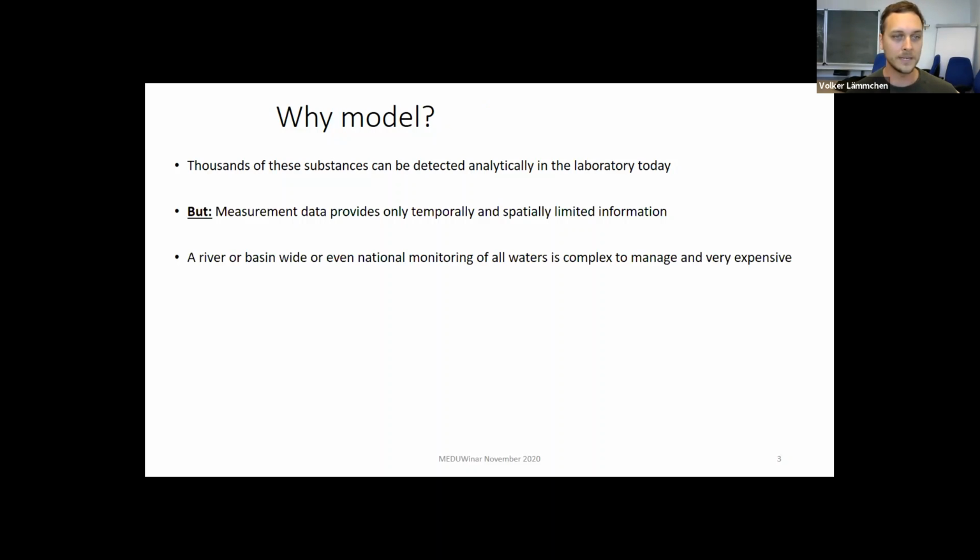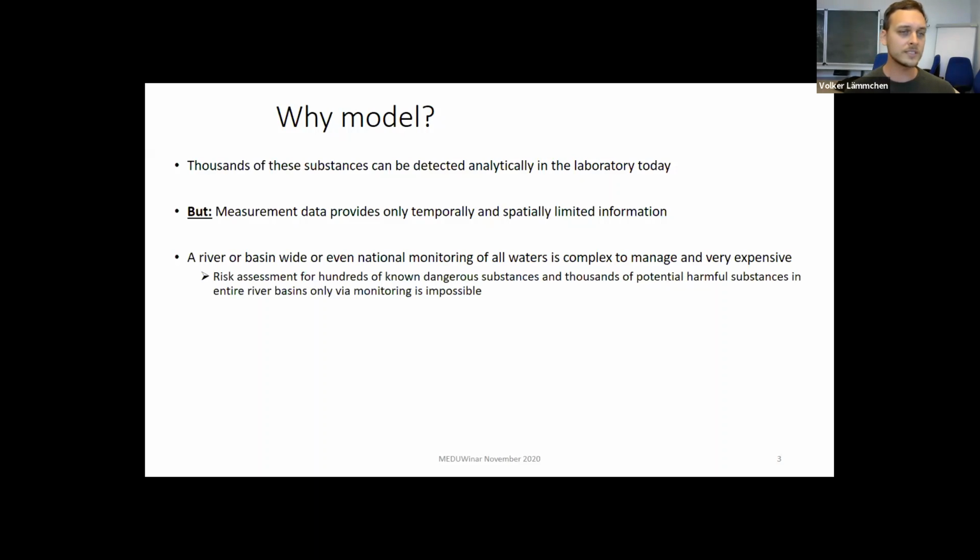And river- or basin-wide or even national monitoring of all waters is very complex to manage and very, very expensive to do. So risk assessment for hundreds of known dangerous substances and thousands of potentially harmful substances in an entire river basin, or nation-wide, only via monitoring is basically impossible to do. And this is where models can help.